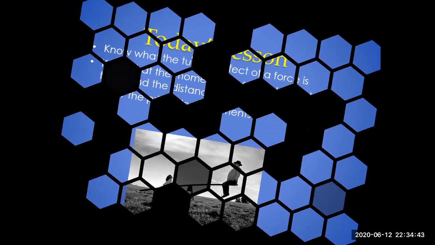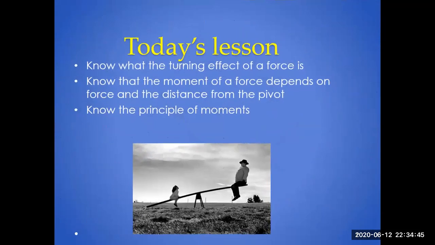So here it is, today's lesson. Know what the turning effect of the force is. The moment of a force depends on the force and the distance from the pivot. So this is the force and this is the distance from the point of rotation. This point of rotation is called the pivot. This is basically called the moment arm.